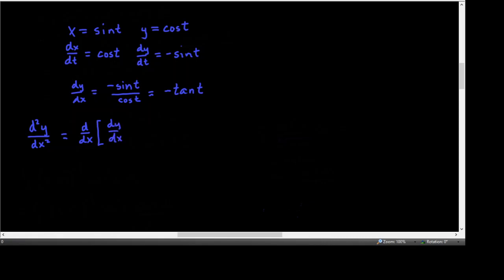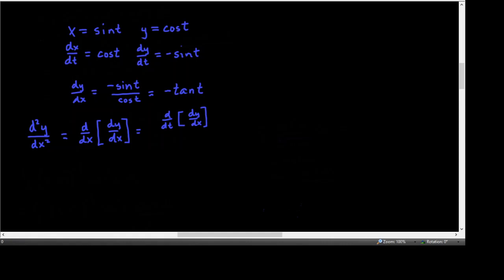Okay, well, so far this isn't anything new, but keeping in mind that we're doing this parametrically, to do that, we're going to have to take the derivative with respect to t of dy dx, and that part you probably would have thought of doing, take your last answer and find its derivative.